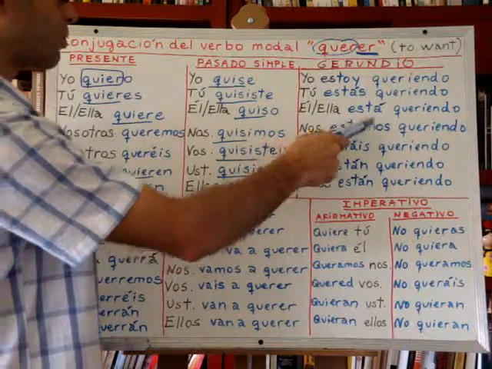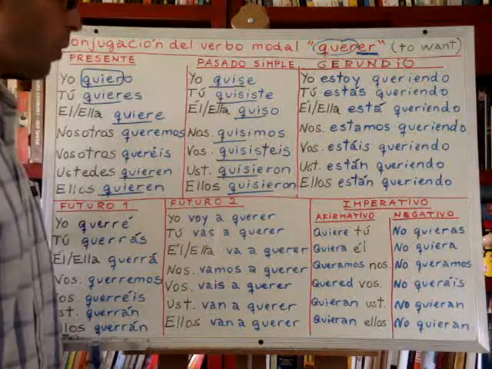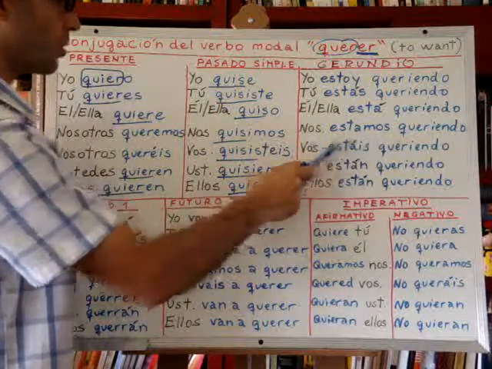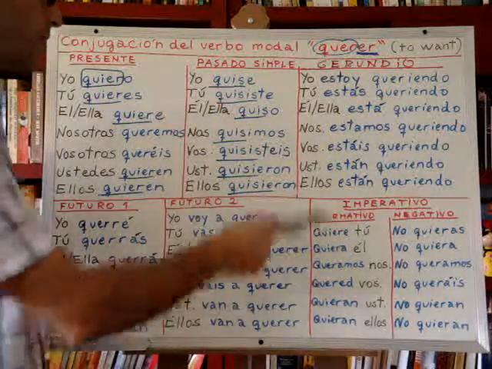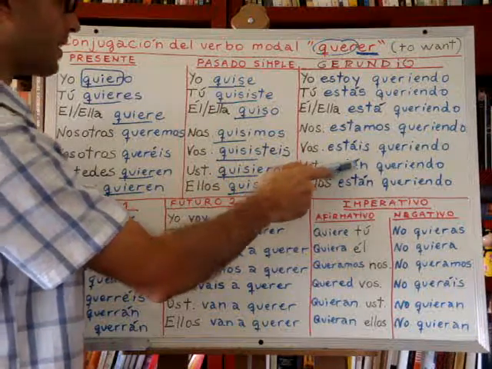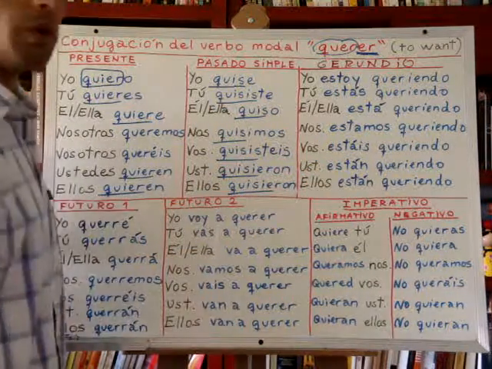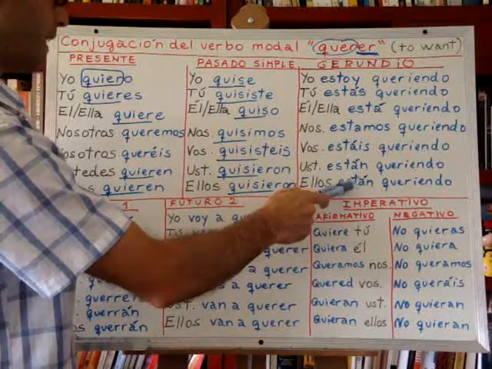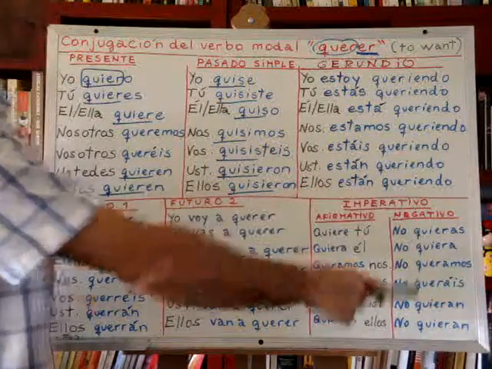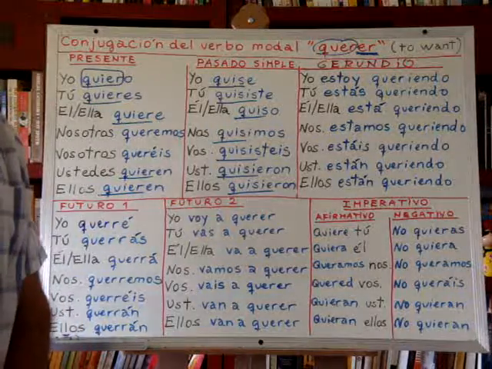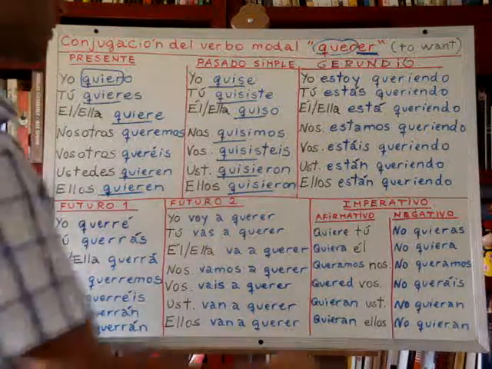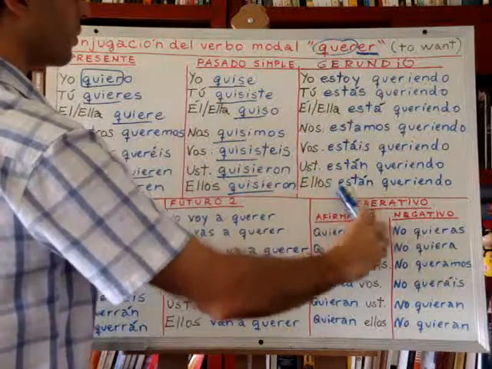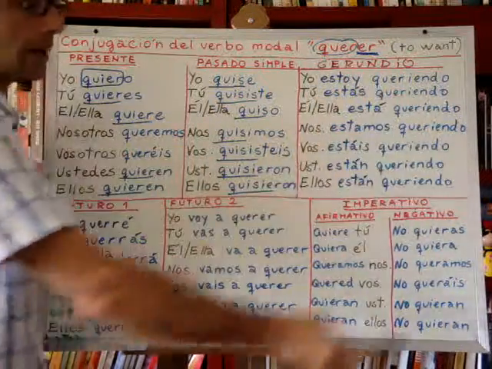Nosotros estamos queriendo. We are wanting. Vosotros estáis queriendo. You are wanting. Ustedes están queriendo. You are wanting. And ellos están queriendo. They are wanting. Okay? So here, as usual with the present continuous, there is no sign of irregularity, okay?